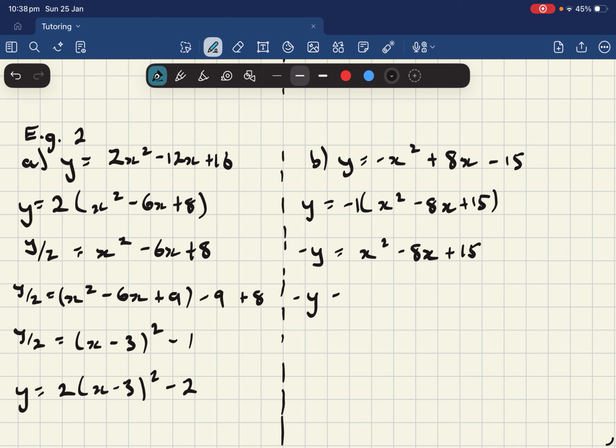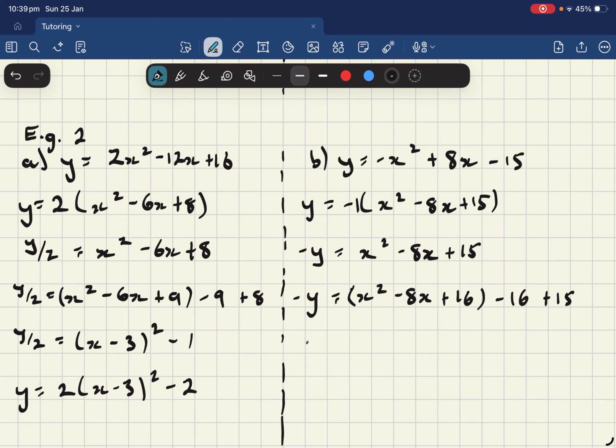So I get minus y equals x squared minus 8x, and I'm going to add negative 8 over 2 all squared, which gives me 16. My perfect square portion, I need to balance this out by taking away 16, and then I add 15 over here.